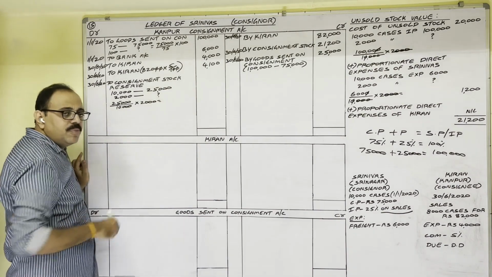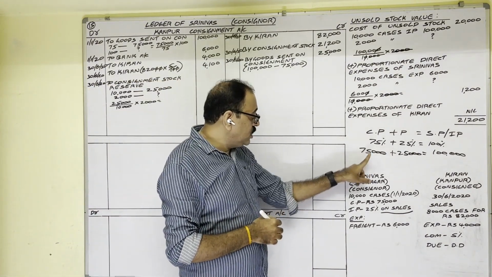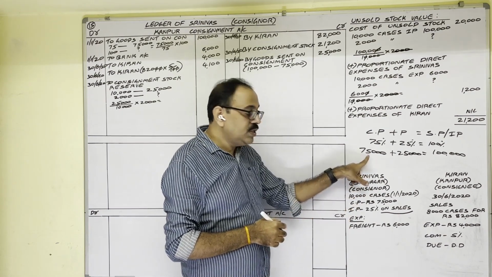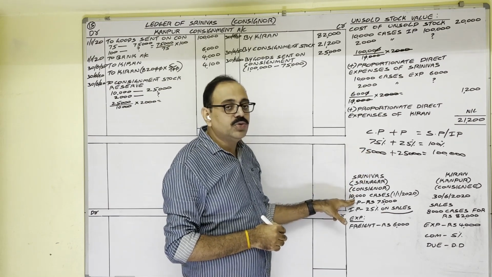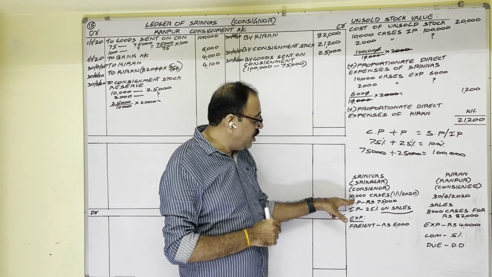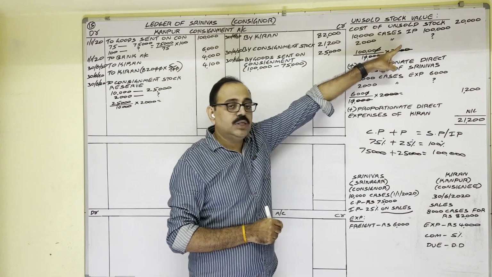You can do it in another manner also. That is, total goods sent 10,000 cases, no? 10,000 cases cost price is 75,000. So 75,000 divided by 10,000, one case cost price comes. Similarly, total cases invoice price is 1 lakh rupees.